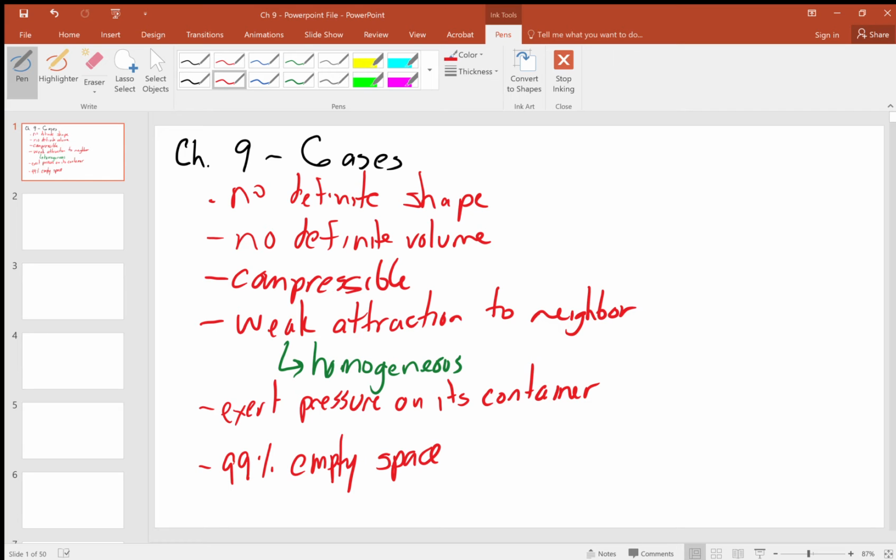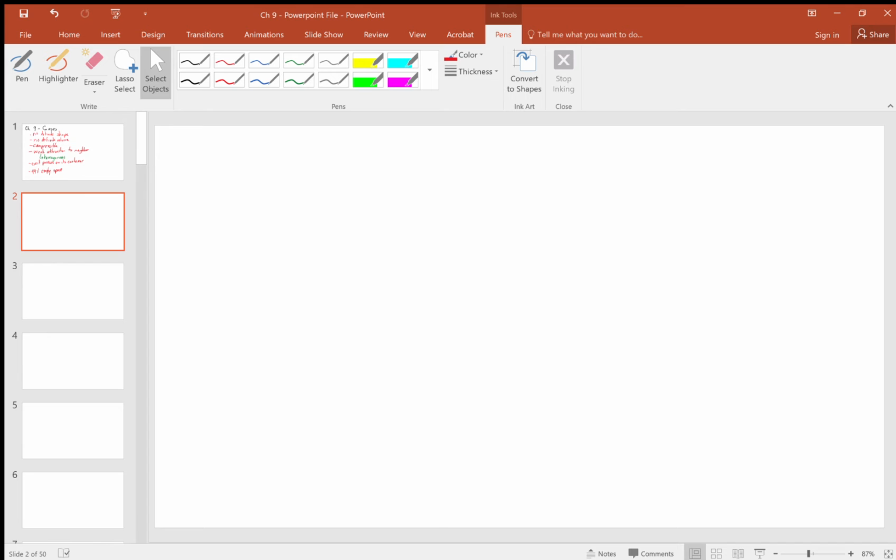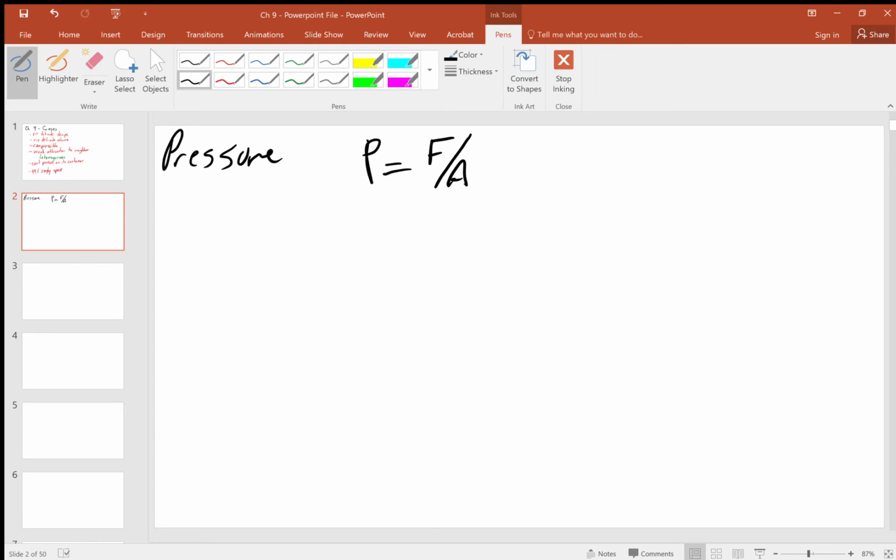All right, when we deal with gases, we have to also talk about pressure. So how do we define pressure? How do we calculate pressure? What are the units that we use? So pressure is equal to force over area. And the units on these: force is generally measured in newtons, while area is in meters squared.